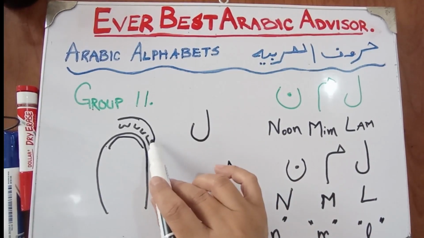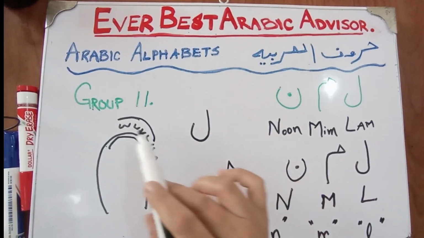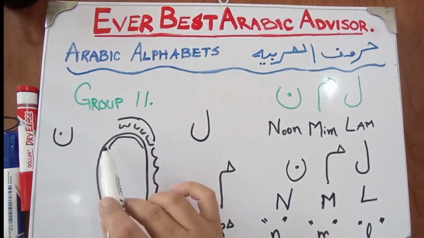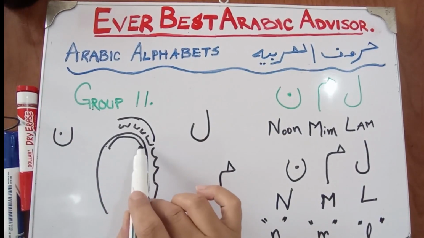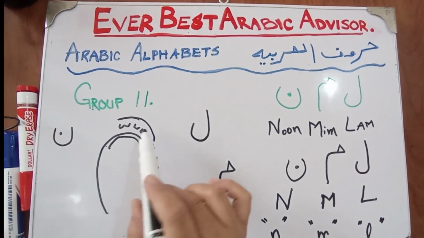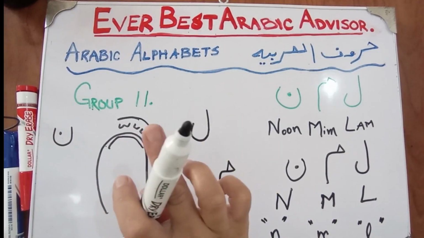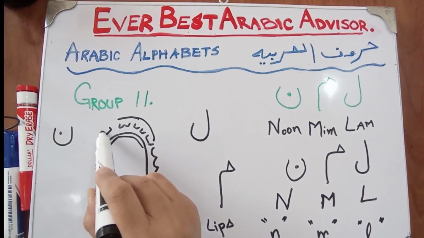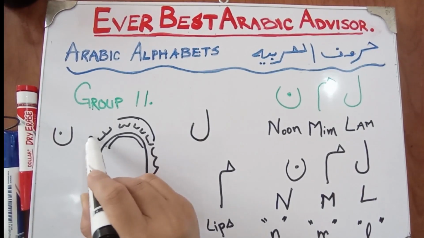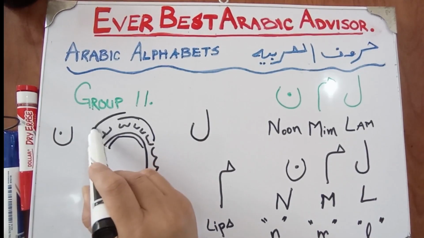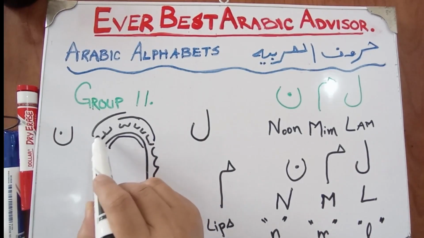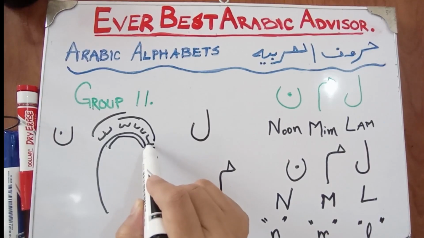This was the articulation point of Lam, and this was of Mim. And Noon is also pronounced from the front part of the tongue, but for Noon, the premolars are not involved. It is only the incisors and the two side teeth before the premolars.